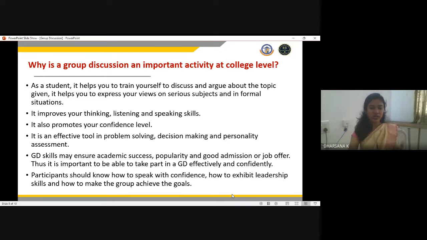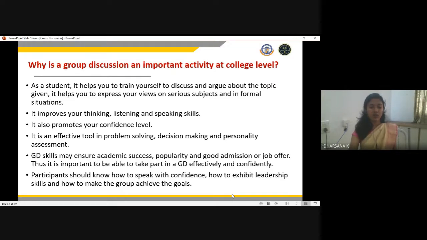Through this group discussion, we are equipping you with problem solving skills, decision making skills, and personality assessment. Group discussion skills may ensure academic success, popularity, and a good admission or job offer. Thus, it is very important to be able to take part in GD effectively and confidently.